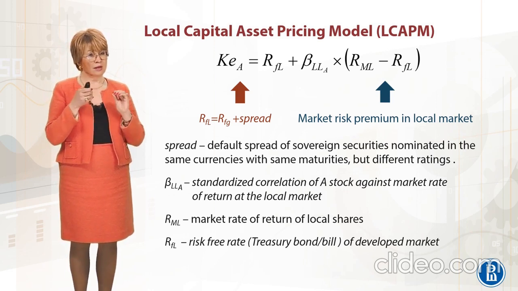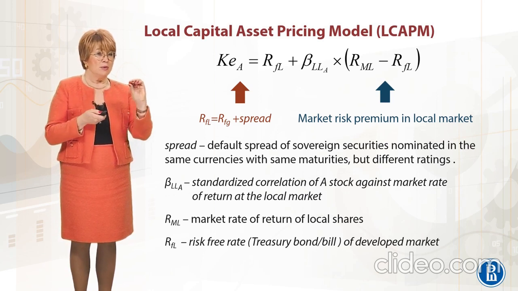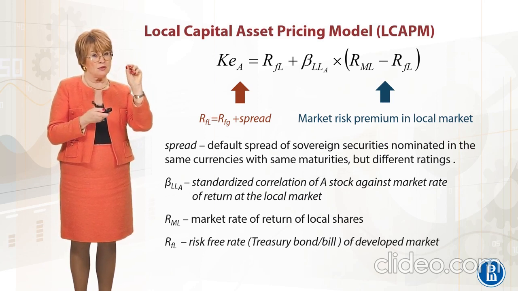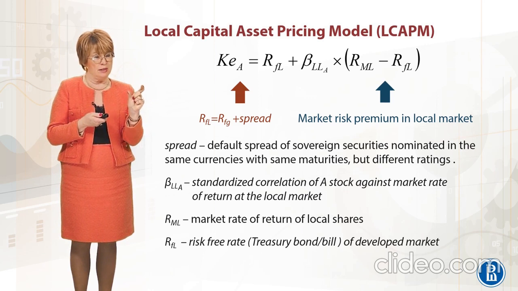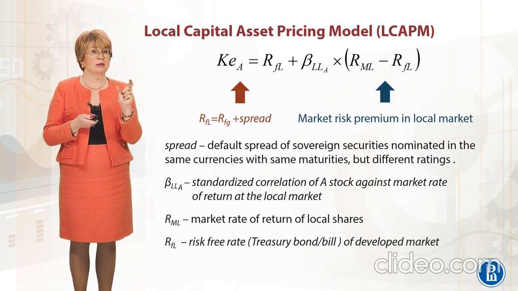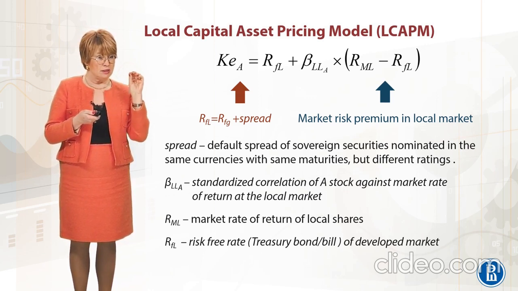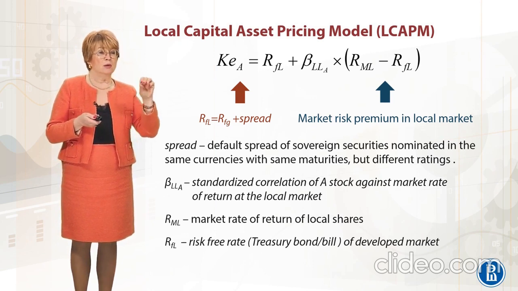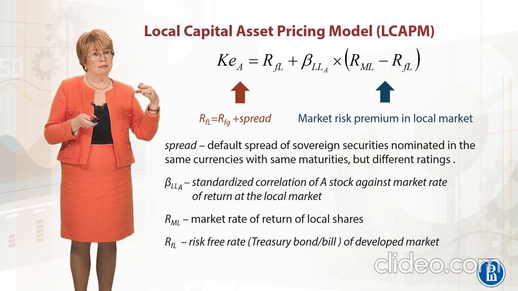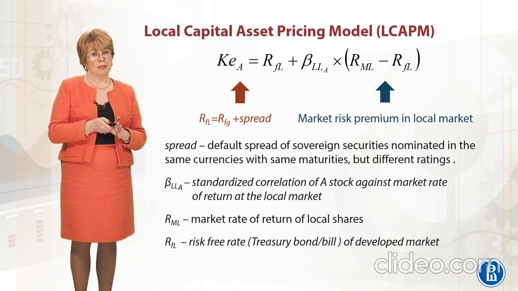And again, we see that technical rule. We will use the spread, which is the historical average spread due to the difference in credit rating, but we will add it to the current rate of return of some benchmark global risk-free asset.